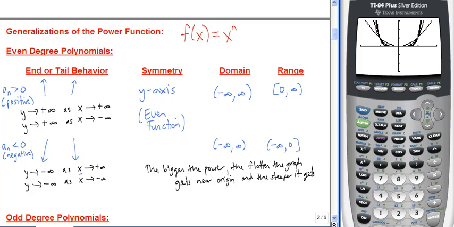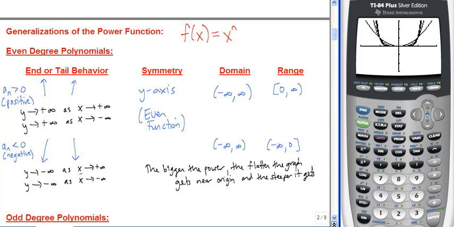And we saw that over here where the graph started to look almost very flat when we did x to the 8th. So it's very flat across the bottom and it rises up very quickly on the sides. So that's what I mean about it being flat near the origin but getting steeper.